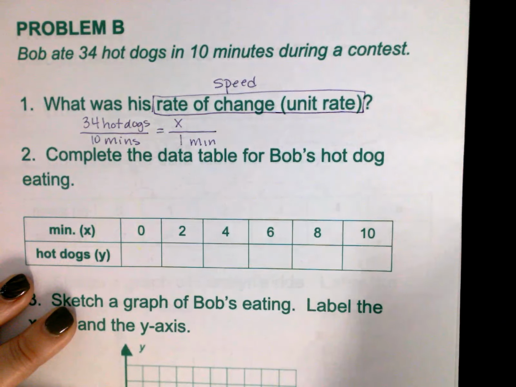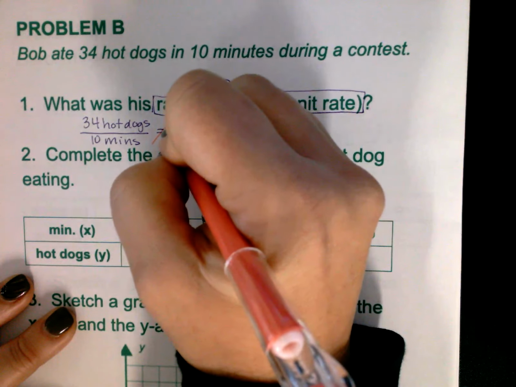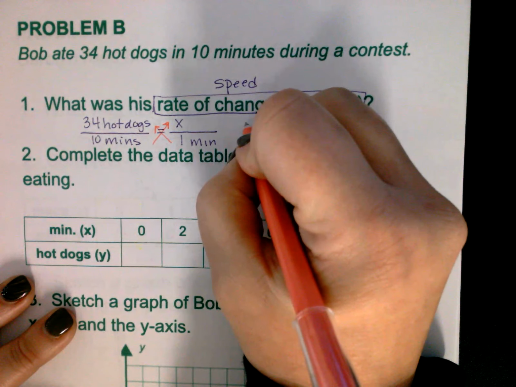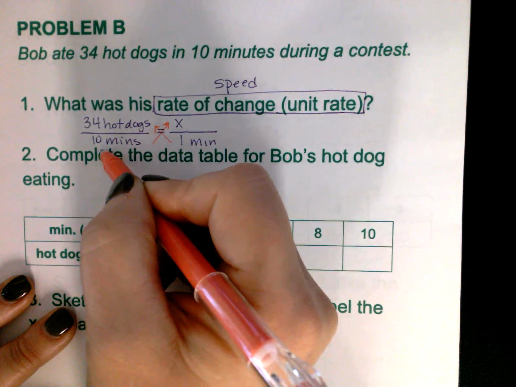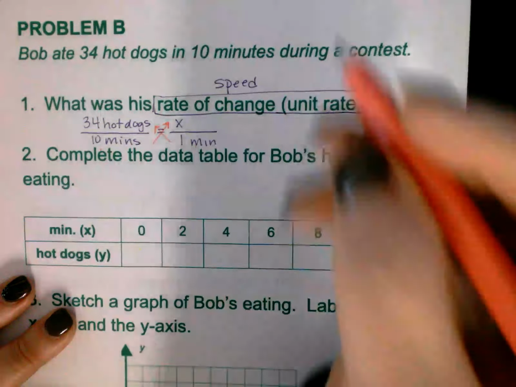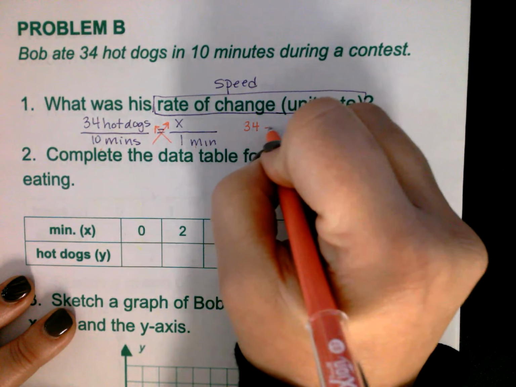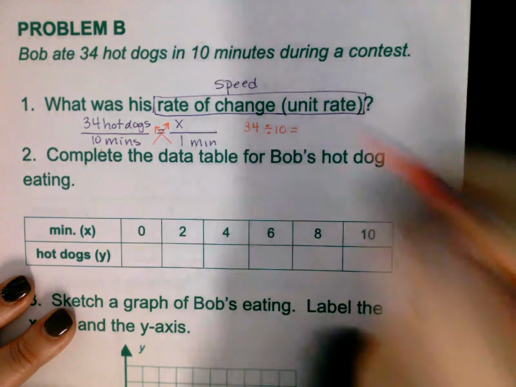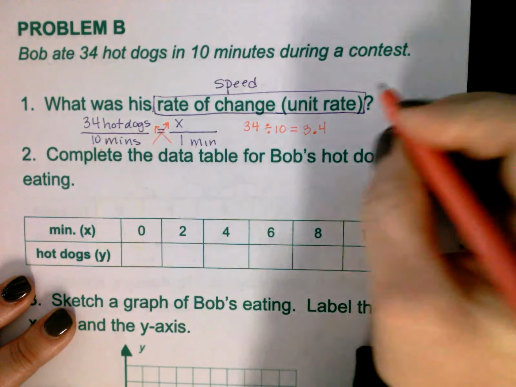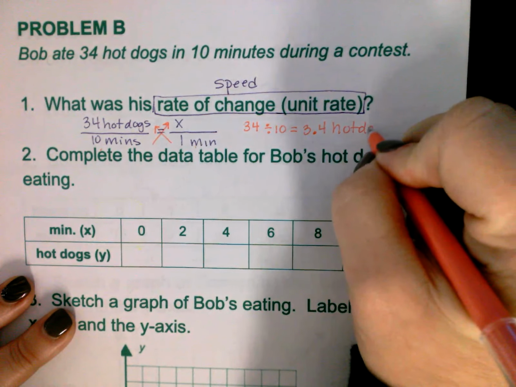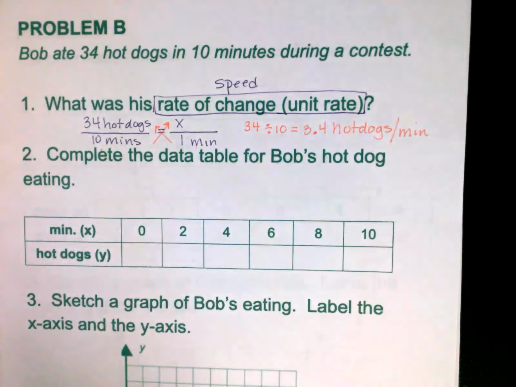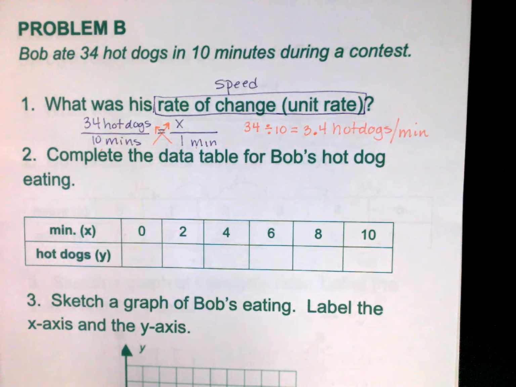Like we did with Caroline and her bike ride, we could do cross products, or in this case, we could simply take top divided by bottom, because we're going down to the unit rate of 1, and do 34 divided by 10. That would tell me he could eat 3.4 hot dogs, label your stuff, per minute. So 3.4 hot dogs per minute.